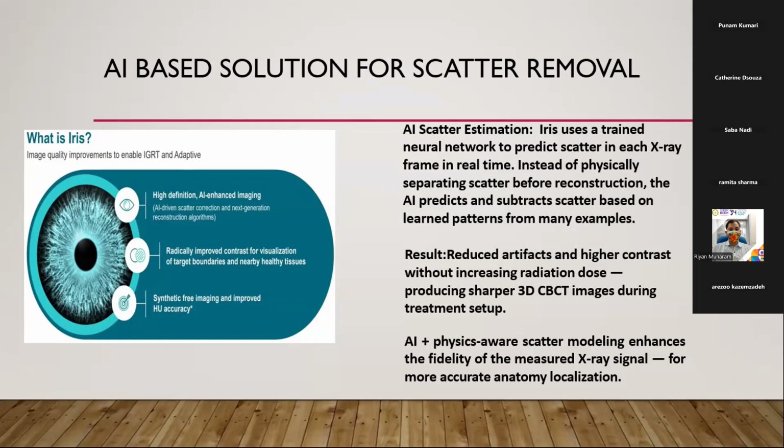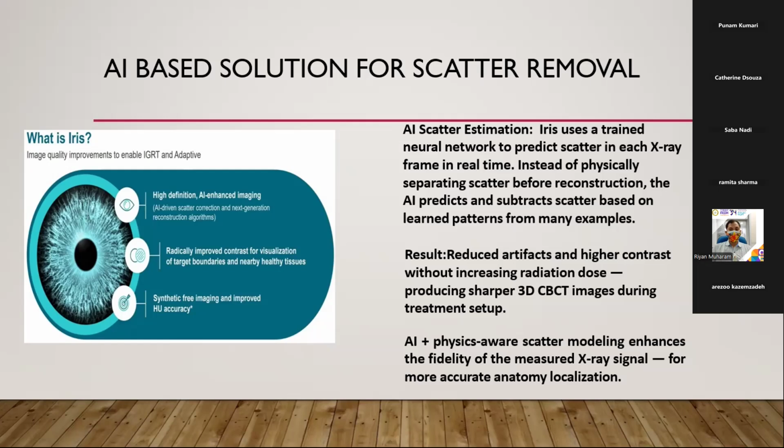It is an AI-driven solution with high definition, and it is useful in scatter correction and for reconstruction. It radically improves contrast for visualization of the target boundaries and nearby healthy tissues. It helps in synthetic-free imaging and improved HU accuracy.